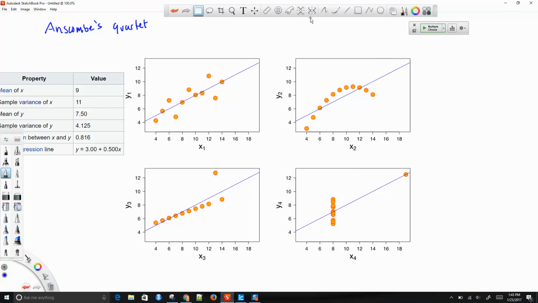Okay, so for all of these, r is equal to 0.816 for all data sets. Okay, but we can see that, you know, correlation really only makes sense for this diagram, okay?